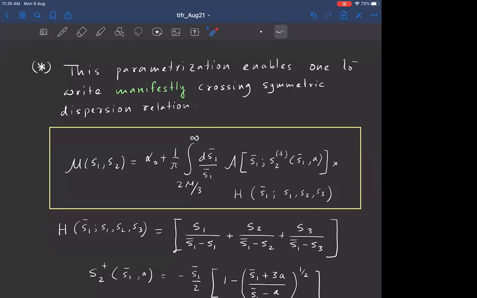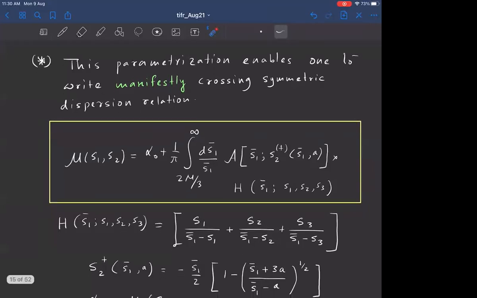Did that make sense, Akhil? Kind of. What I'm confused about is, in this way of writing it, there's no difference between what is lost in a once subtracted and twice subtracted amplitude. No. So this is fully crossing symmetric. If you had looked at situations where it was not fully crossing symmetric, you would see the existence of the other subtraction constant that you have in mind.